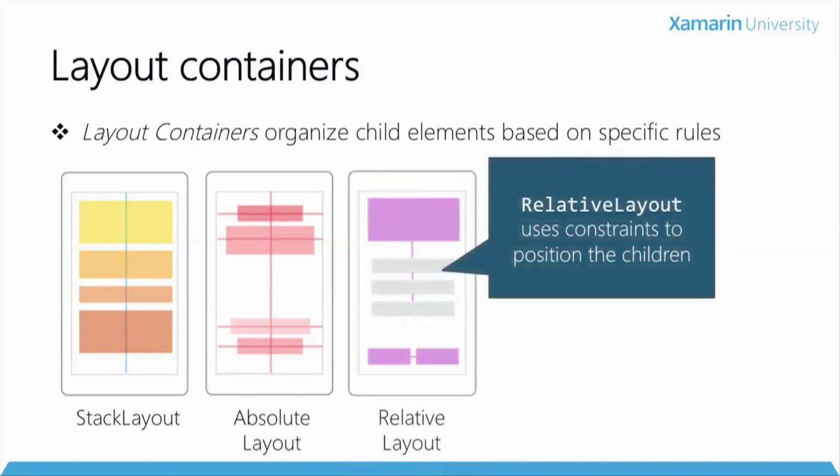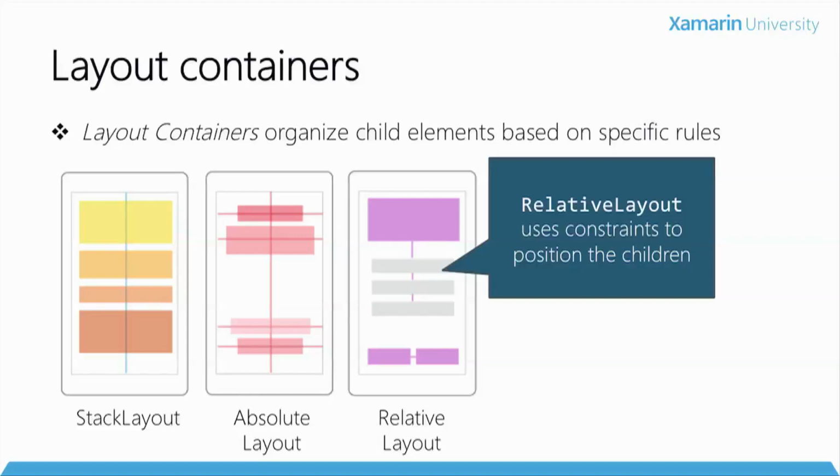Next, we have the relative layout. With that container, you can define the position and size for each child element by specifying relationships. You can either position an element relative to another element or relative to the parent container. And the position and sizes are calculated at runtime using delegates. And you must provide these delegates in your code.